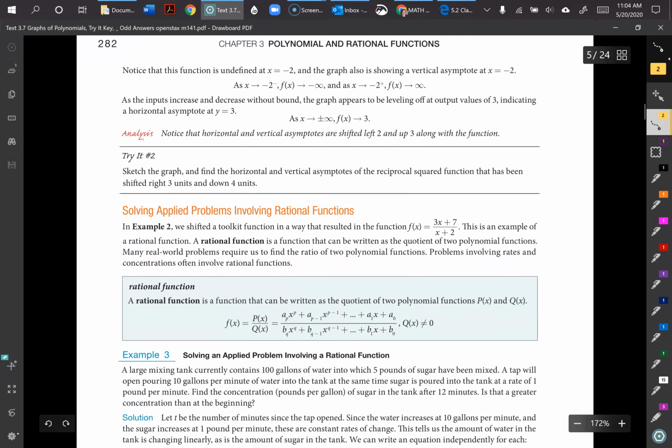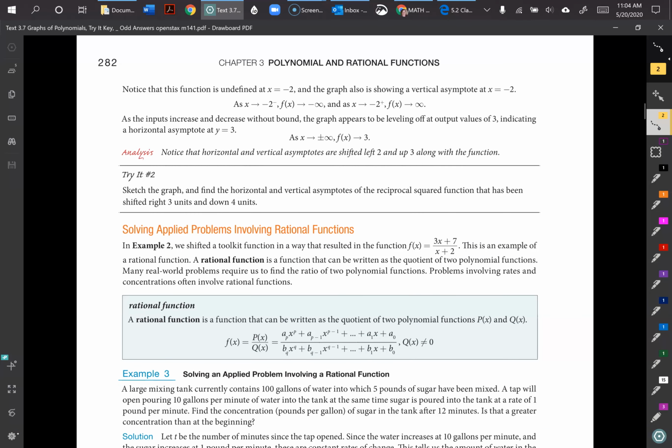So now you've already read through this section. Hopefully you've done that assignment first. So we're on page 282, and I just want to point out this definition here. A rational function is a function that can be written as the quotient of two polynomial functions, p of x and q of x. So that's just this. All this is a long way to say it's a polynomial over a polynomial. So we're going to have things with exponents in the denominator.